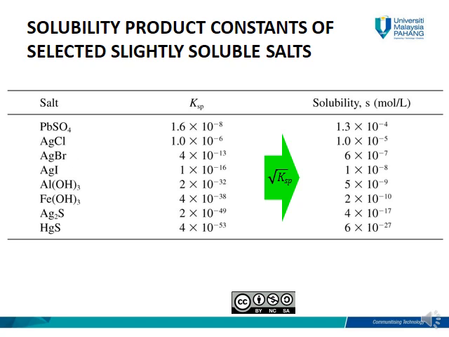Compared with mercury sulfide, there is a very big difference between these two values. The solubility of mercury sulfide is very low compared to lead sulfate.